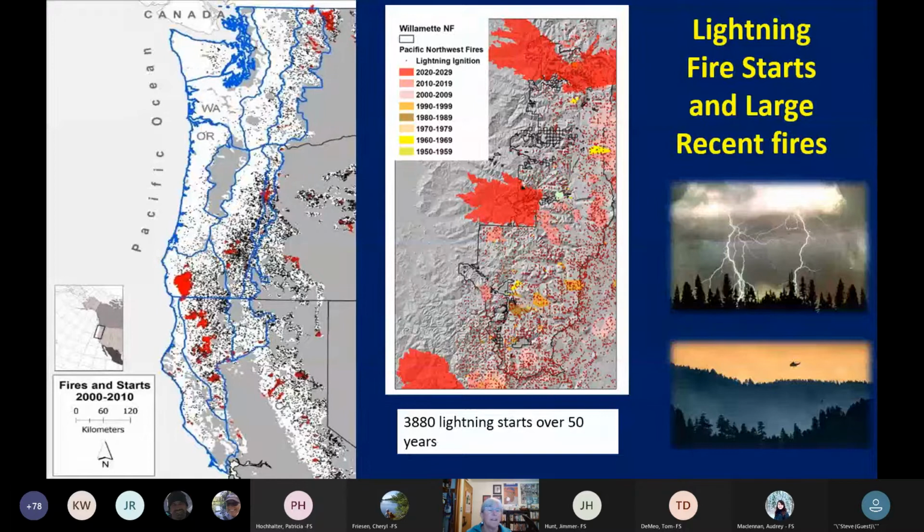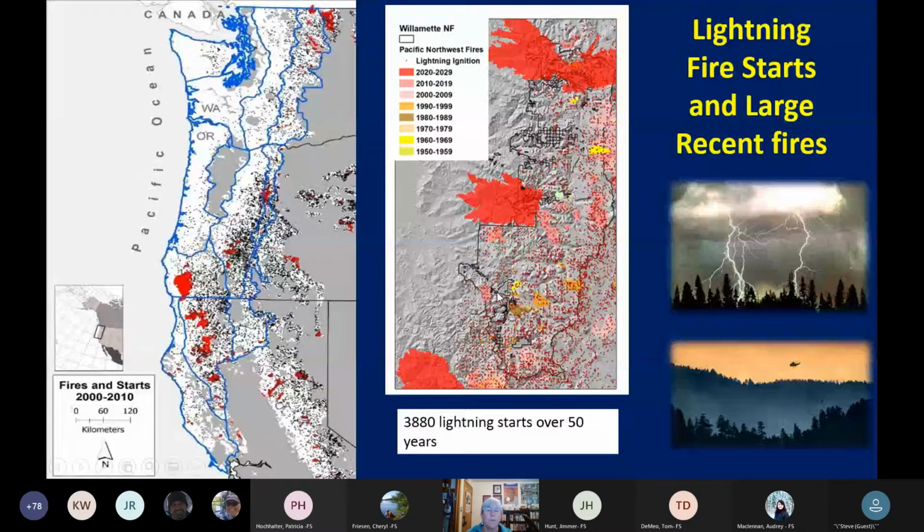And then fires that we weren't so successful at suppressing that are in the red blobs, that are the larger wildfires. So this covers the complete Northwest Forest Plan area. And you can see there's quite a few black dots and red blobs over this 10-year period.